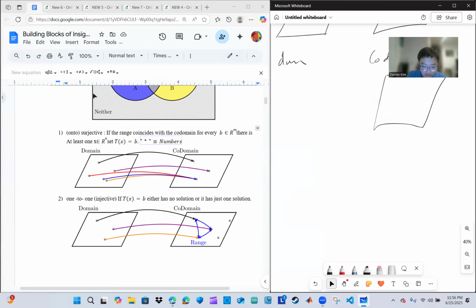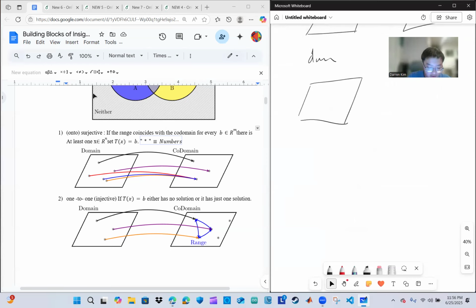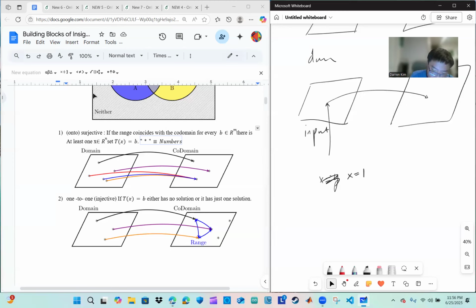Now, if I say this is my domain, this domain is the input basically. You can say x equals 1, put it in here, go to the codomain, and come back, and then you have a range over here, right?